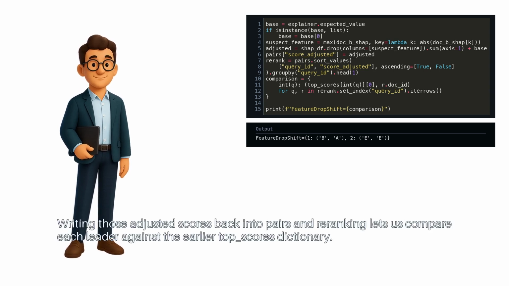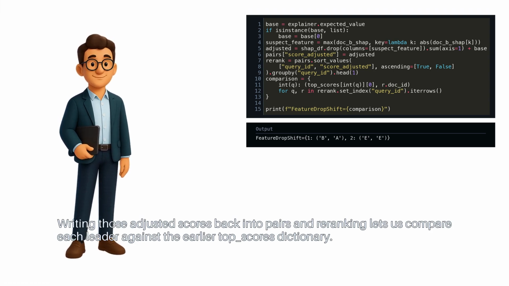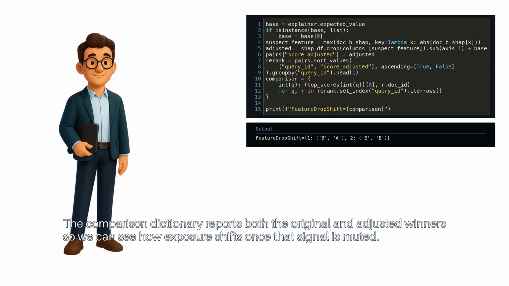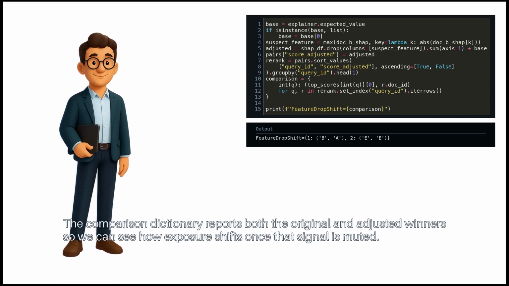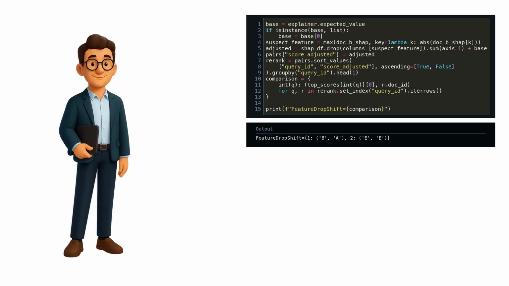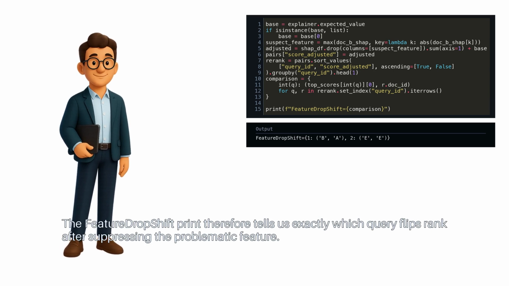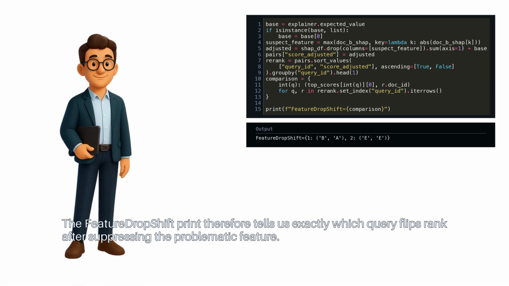Writing those adjusted scores back into pairs and re-ranking lets us compare each leader against the earlier top scores dictionary. The comparison dictionary reports both the original and adjusted winners, so we can see how exposure shifts once that signal is muted. The feature drop shift print, therefore, tells us exactly which query flips rank after suppressing the problematic feature.